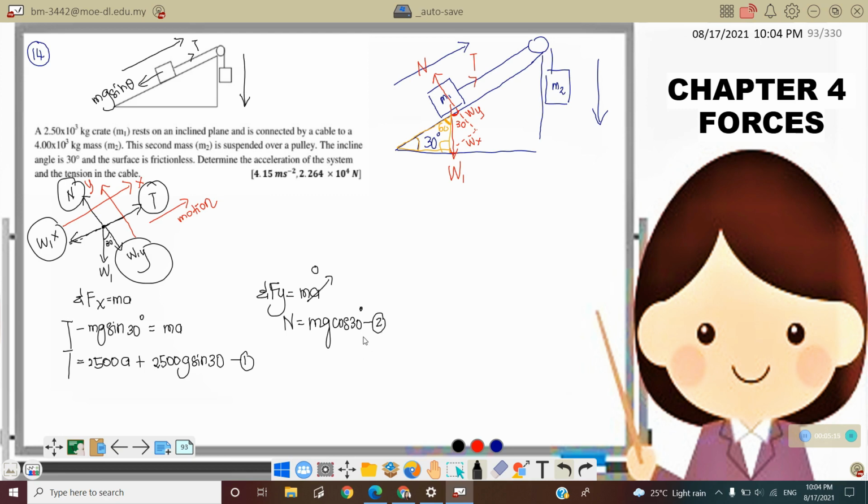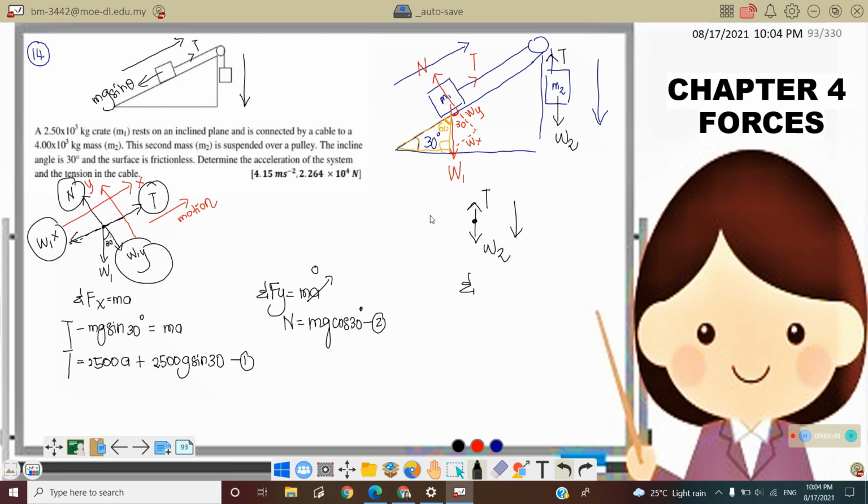The third equation we will get is from M2, where for M2 we only have weight 2 and also tension. There's no frictional force because there's no contact, and we don't have normal force. We also don't have an external force because there's no pushing or pulling force. So M2 is much easier because we only have tension and weight 2, and the motion is downward.